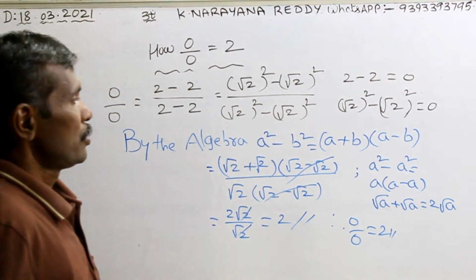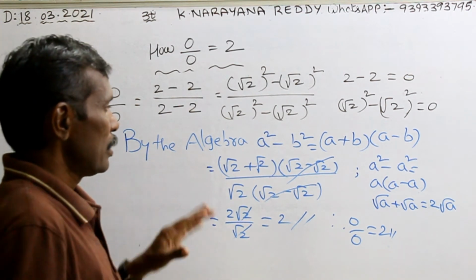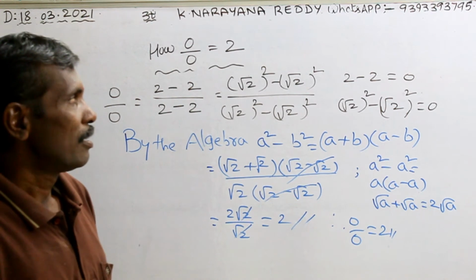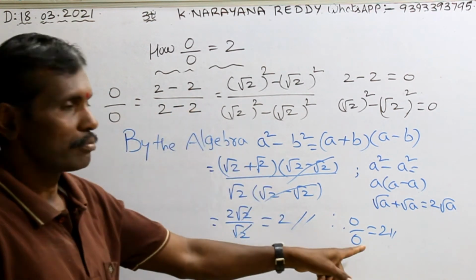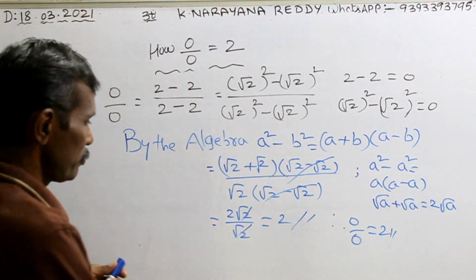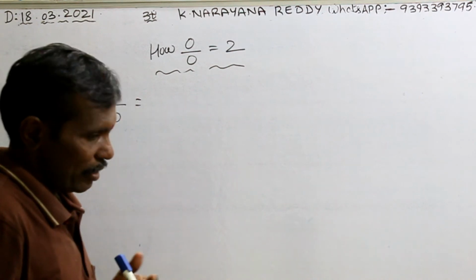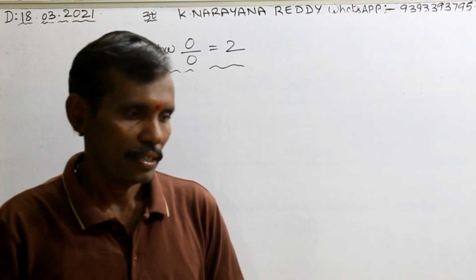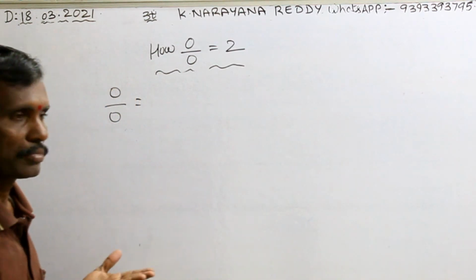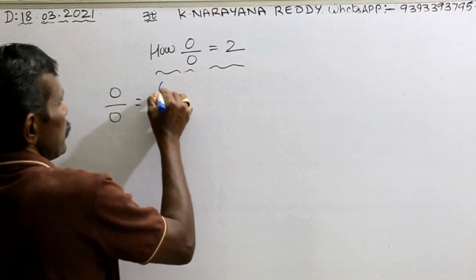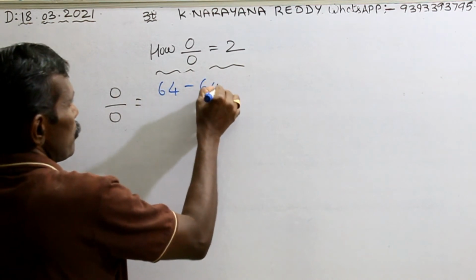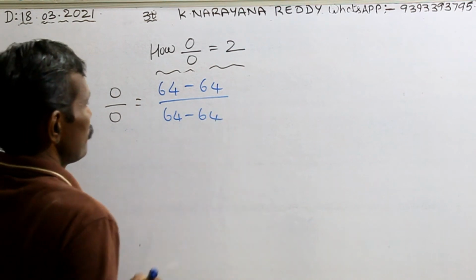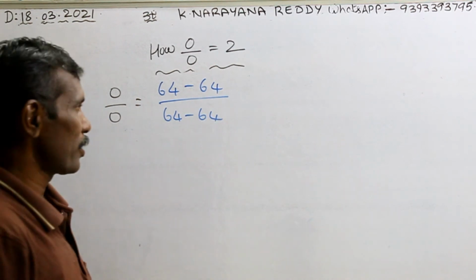That's all. So, this is very important in mathematics. 0 by 0 equals 2. Okay, take another example. Now, take another number or a digit, whatever it is. I'll take some number, 64. 64 minus 64 divided by 64 minus 64. Anything wrong? No, nothing.